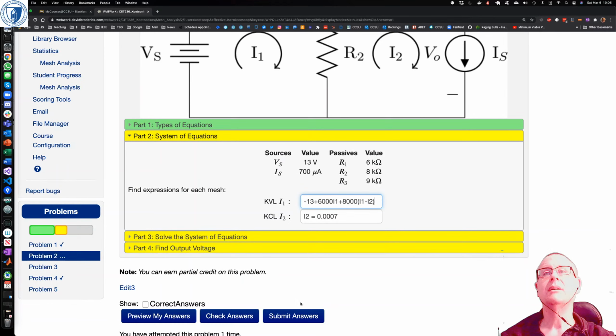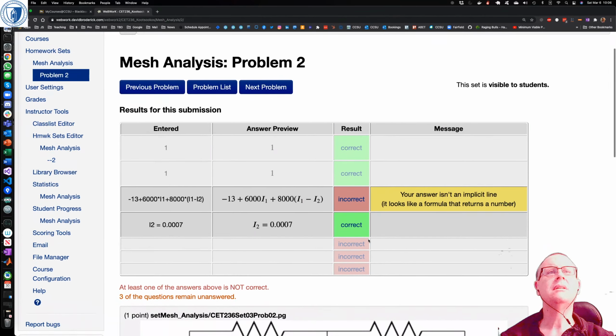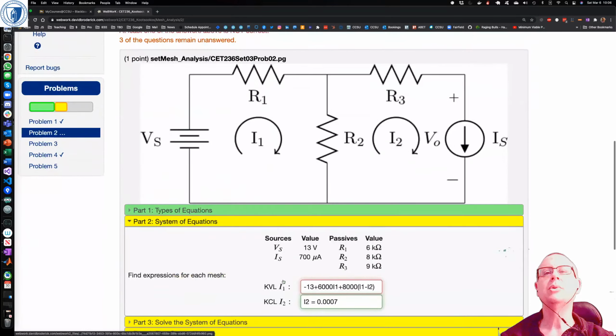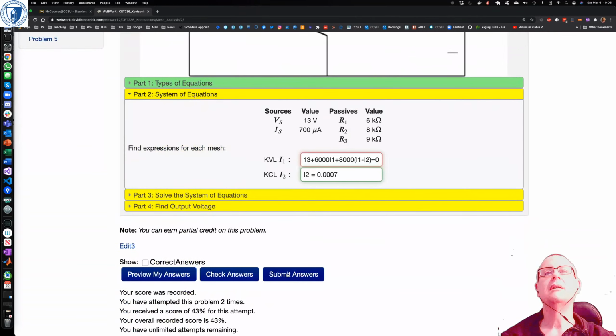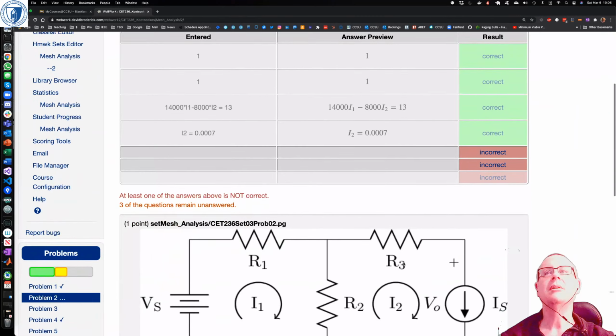Let's just submit those answers. Check we got it right. Oh, I didn't put an equal 0 at the end. Okay, so now everything's correct.